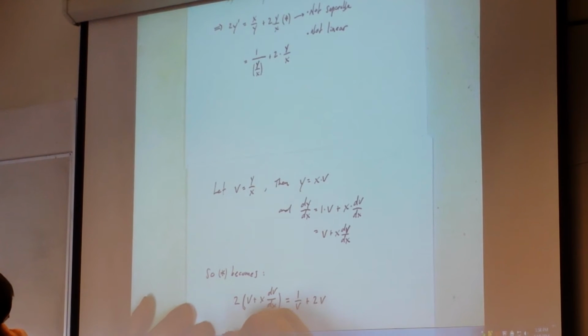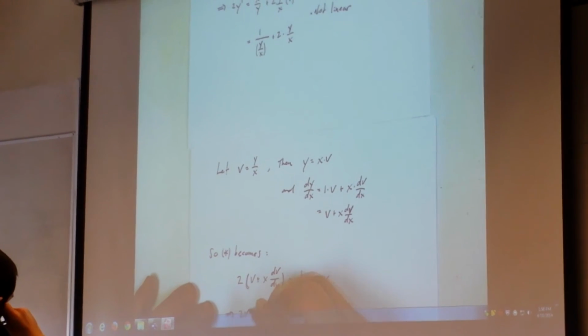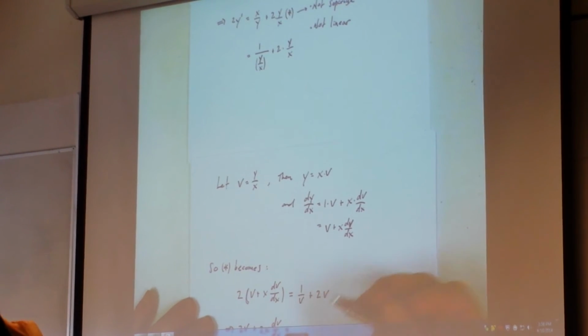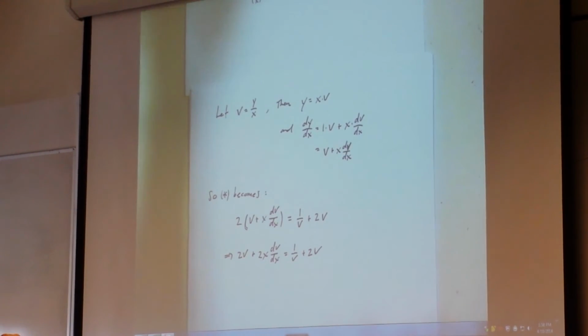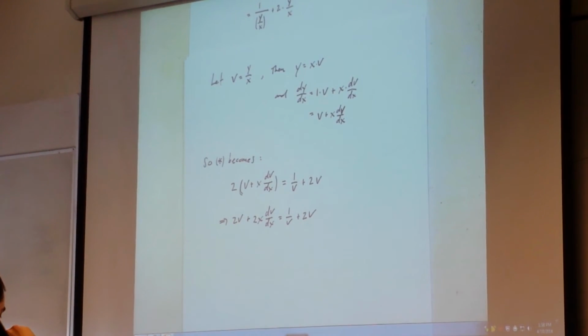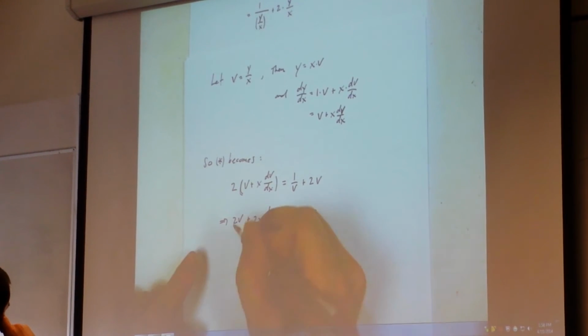Okay, multiplying this through, we get 2v plus 2x dv dx equals 1 over v plus 2v. All right, so on the right and left side, notice those two 2v's will knock each other out, yeah? Subtracting 2v from each side.